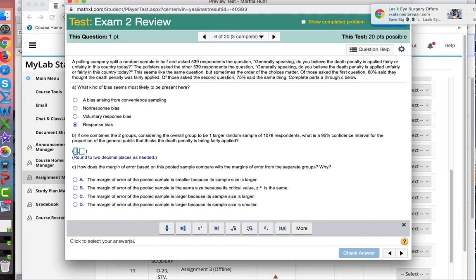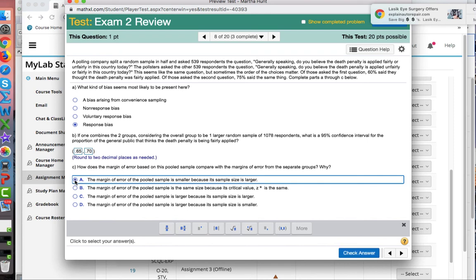So it will be 0.65 on one end, and 0.70 on the other end. How does the margin of error compare when you pool it as opposed to separately? Well, the margin of error is going to be smaller because the sample size is larger.